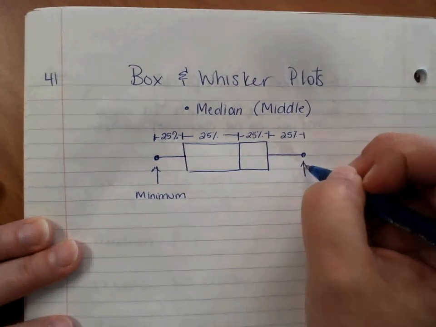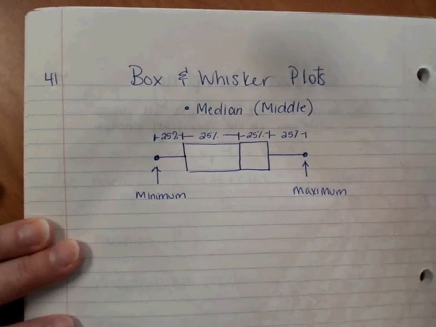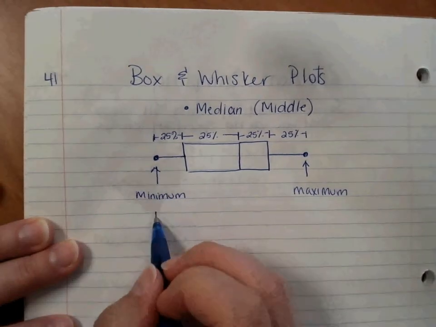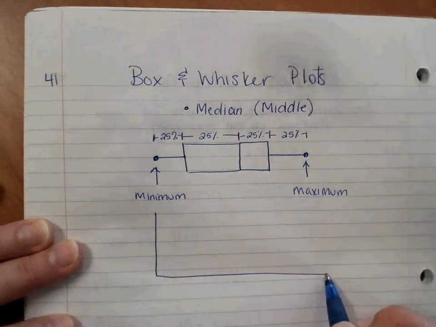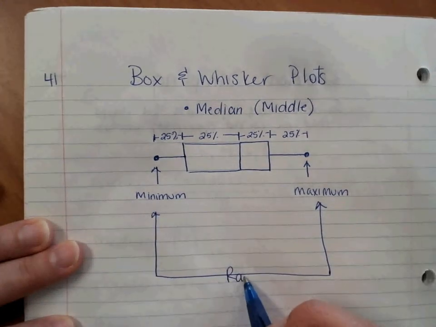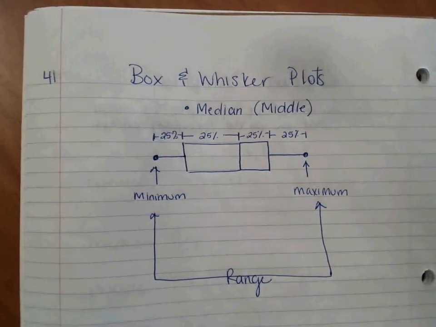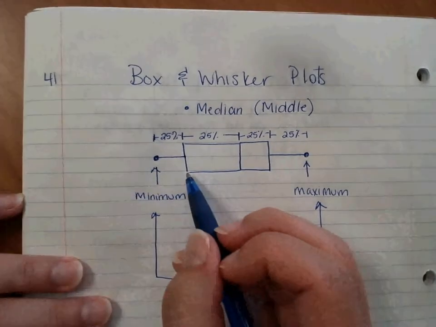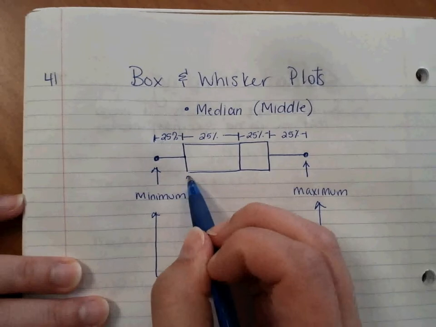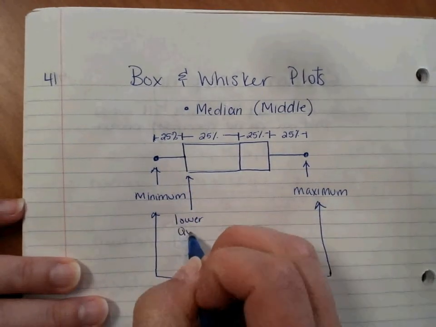Our last whisker is our maximum. And from our minimum to our maximum is the range. So the amount of numbers, the distance that I'm going to have here. Our first box is for the lower quartile.